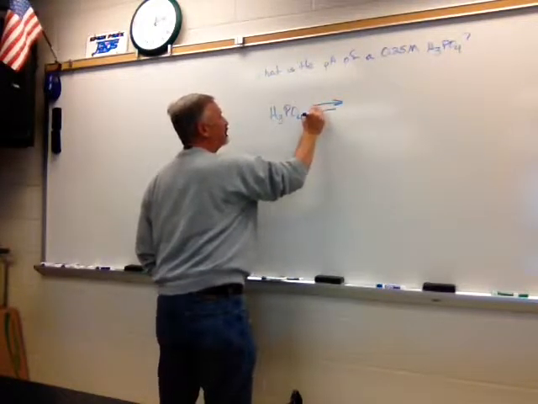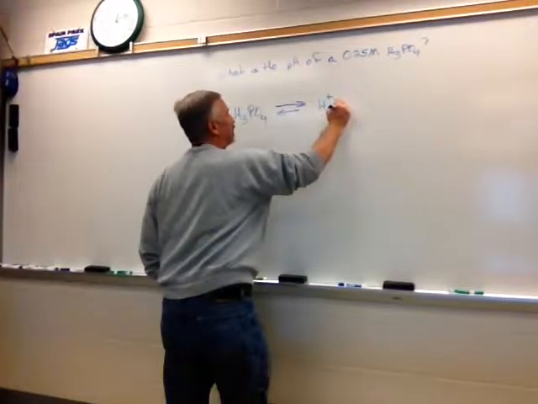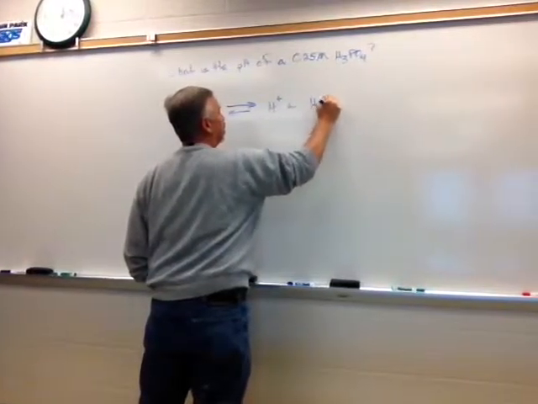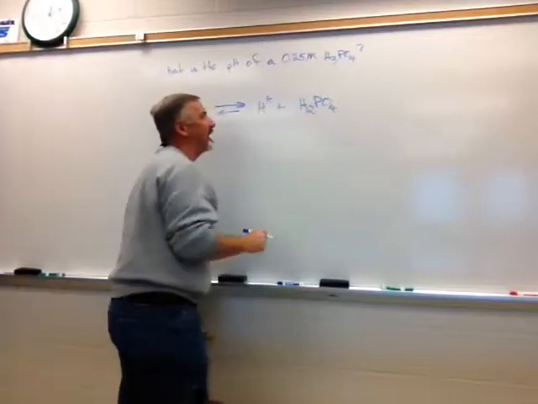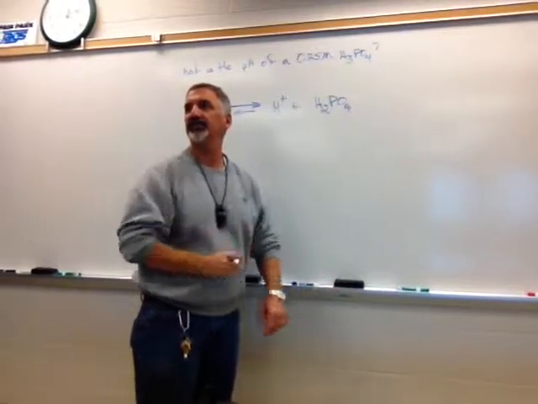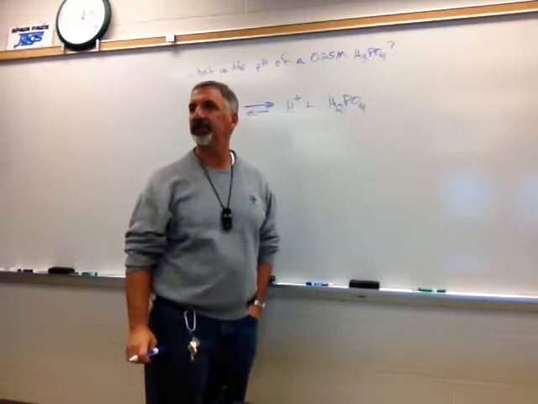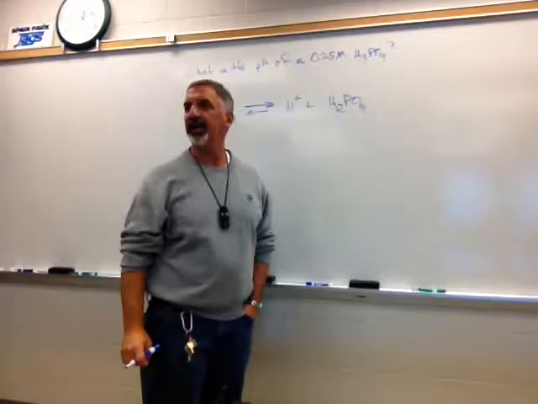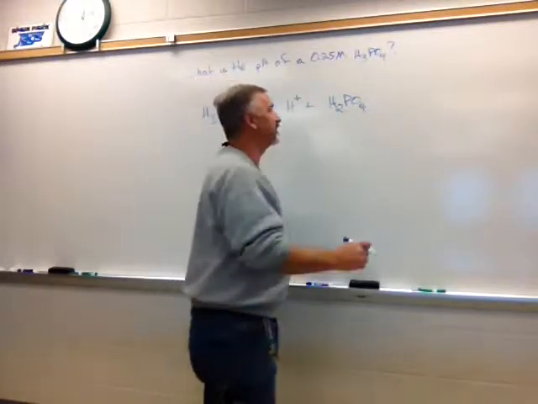H3PO4 goes to H plus and H2PO4 minus, which is the dihydrogen phosphate ion. So you look up here on the table, and the Ka1 is 7.5 times 10 to the minus 3.